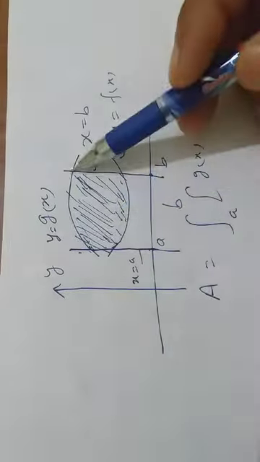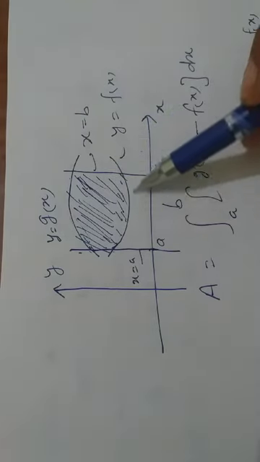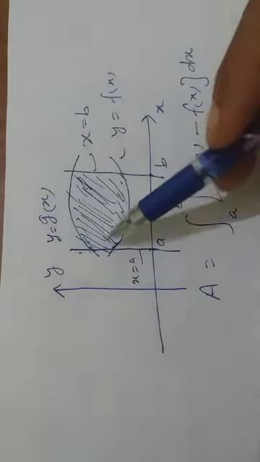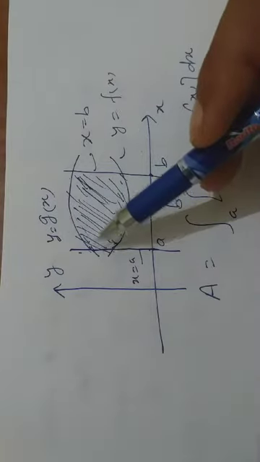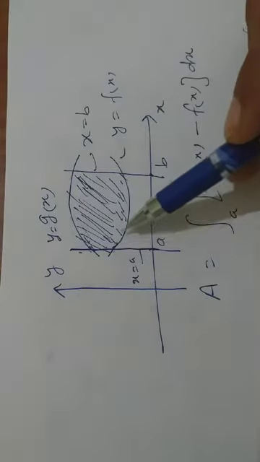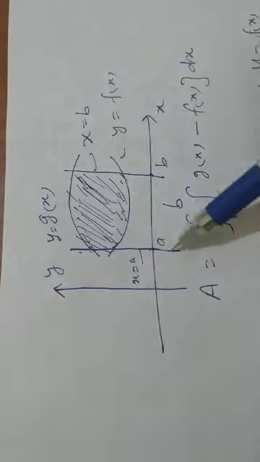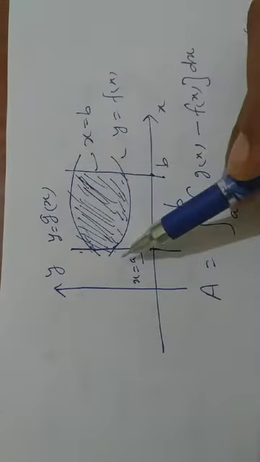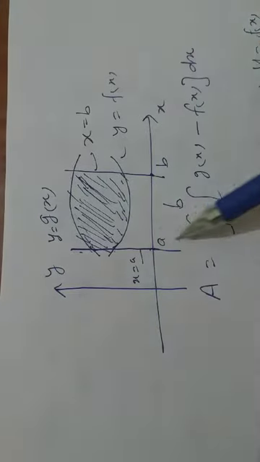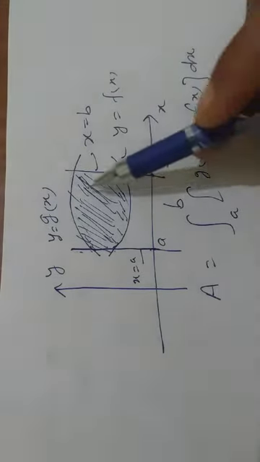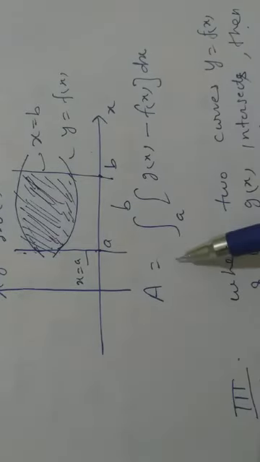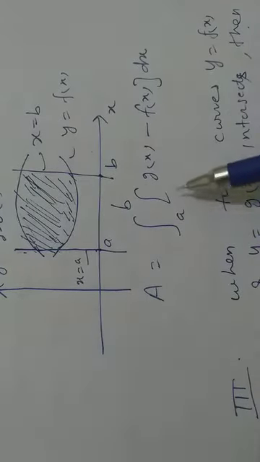Here g(x) is greater than or equal to f(x) and we have to find the area bounded by y equal to g(x), y equal to f(x), and x equal to a and x equal to b. So this is curve 1, this is curve 2, this is curve 3, this is curve 4. So the area bounded by all these curves can be given by A is equal to integral a to b (g(x) minus f(x)) dx.